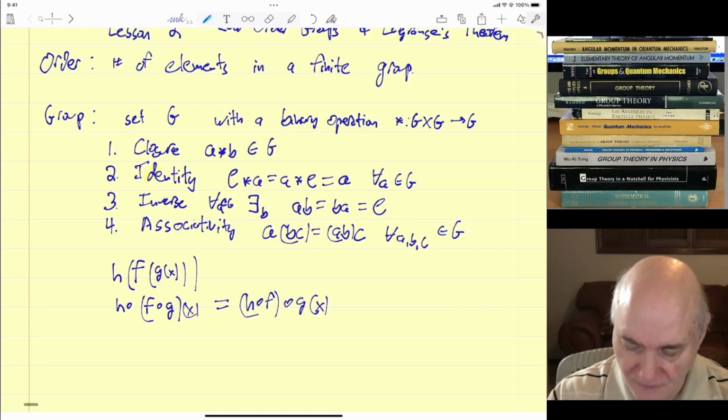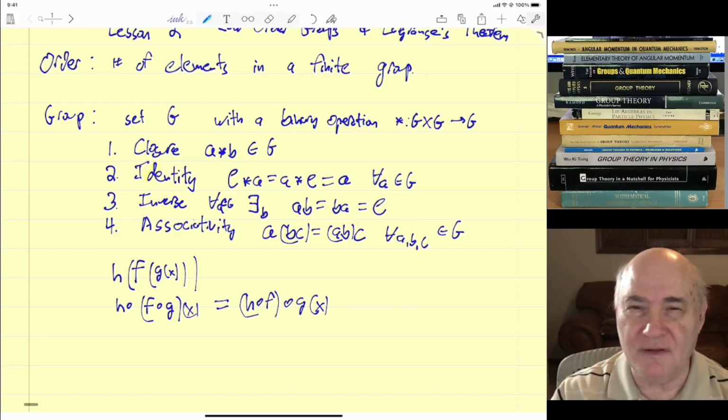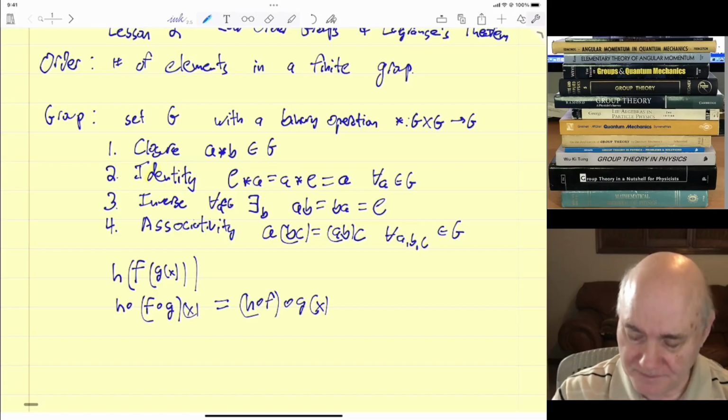So oftentimes associativity is the thing that's not checked explicitly. It's just assumed, and someone has checked it. And for certain objects in mathematics, especially in theoretical physics, the octonions have gotten a lot of play recently. There are people who spend all their career studying the octonions. They're non-associative Lie algebras.